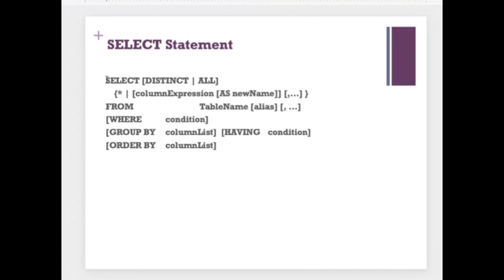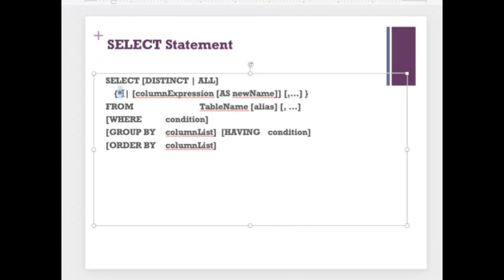This is the arrangement of the select statement. How do we use it? After select, either we mention star, meaning we want to see all the columns and all the records. Star represents the columns. Either with star we select all the columns, or we give the column names specifically after the select.